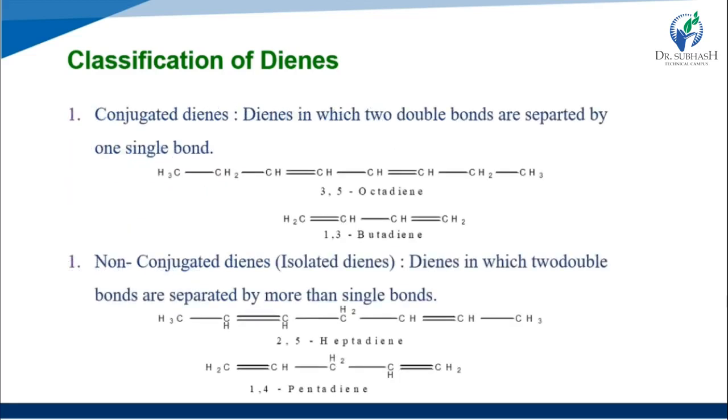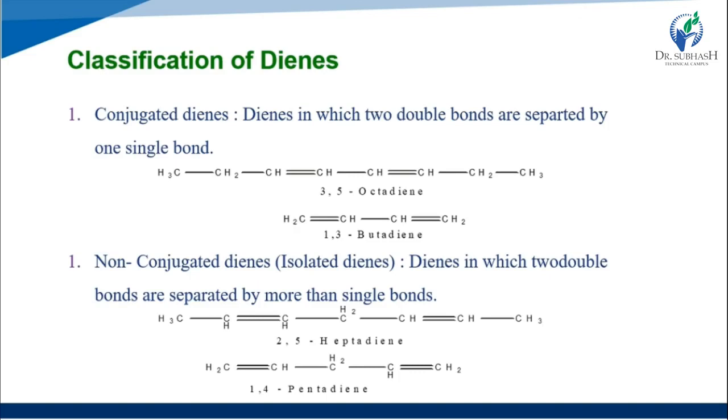First one, conjugated dienes. Conjugated dienes are dienes in which the double bonds are separated by a single bond. Two double bonds are separated by one single bond. Here are two examples.